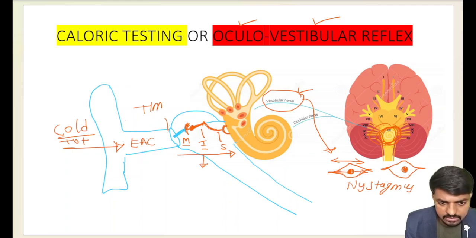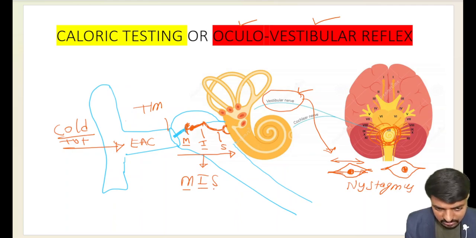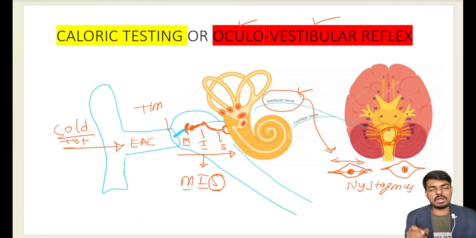Friends, the examiner asks questions from here also: what is the sequence of the ear ossicles? The sequence is MIS. First the malleus comes, after that the incus, then the stapes. The smallest bone of our body is the stapes. When they ask about the smallest muscle of our body, it is the stapedius muscle, which helps hold the stapes bone.